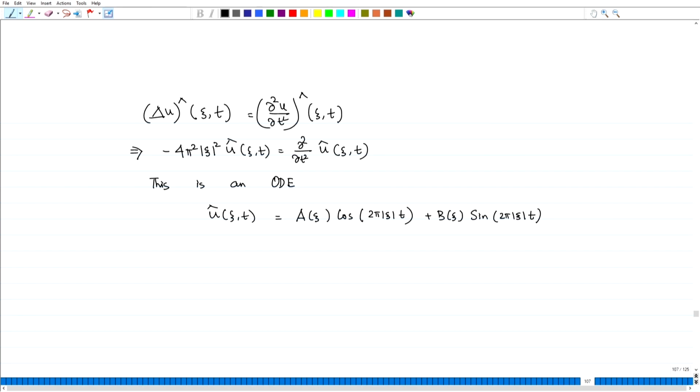Now, we need to find the constants a(xi) and b(xi).